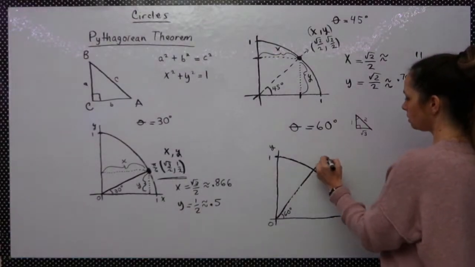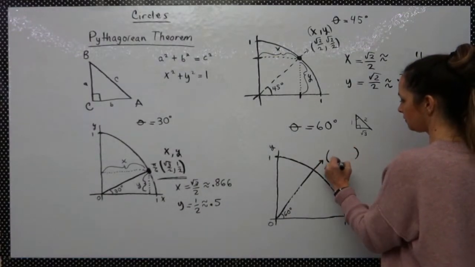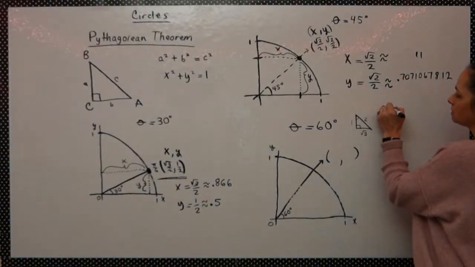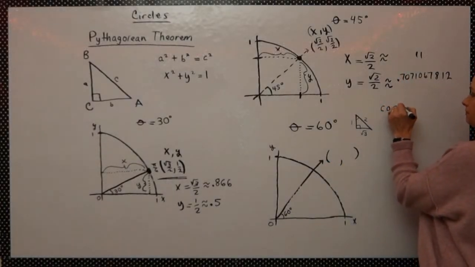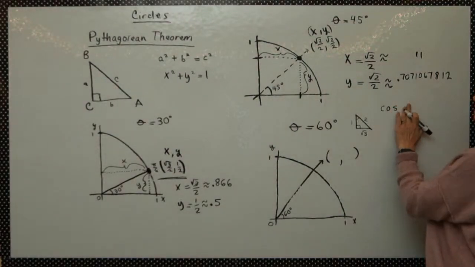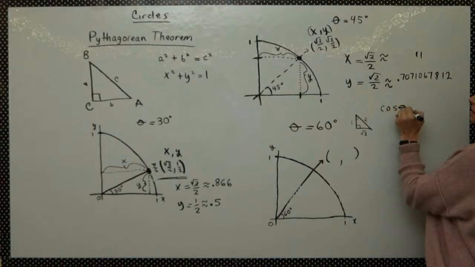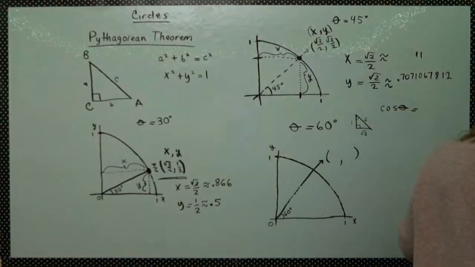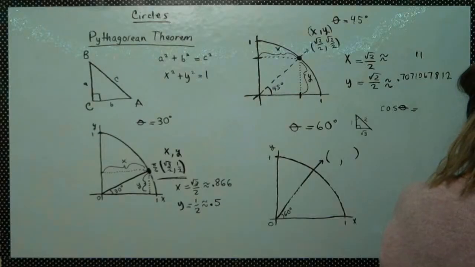So go ahead and find these components real quick. So for cosine, 60 degrees, or I'll go ahead and do theta. We'll just say theta. Cosine theta is, I drew that triangle really small. Let's draw it a little bit bigger. Well, maybe you can see it.